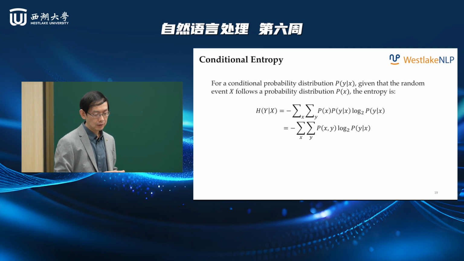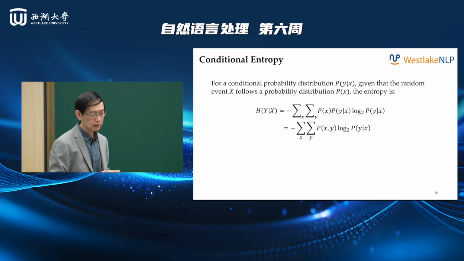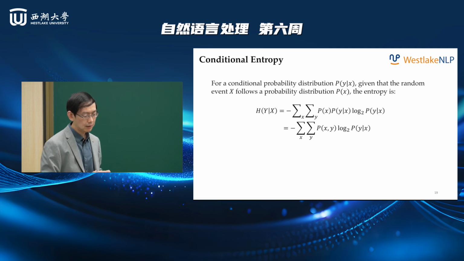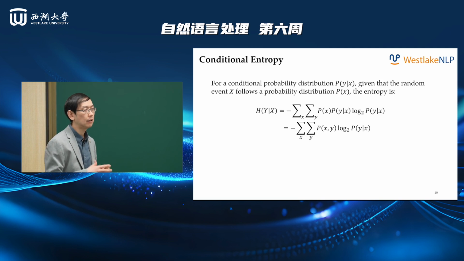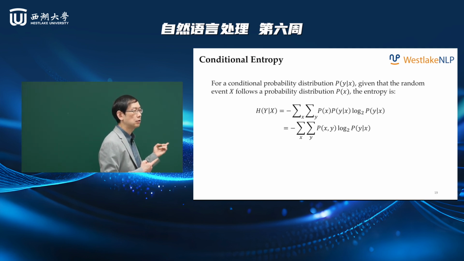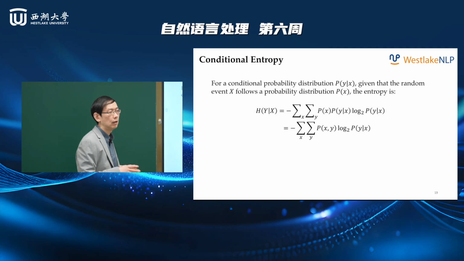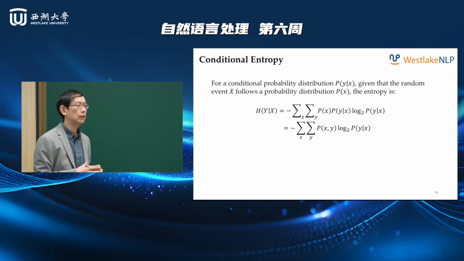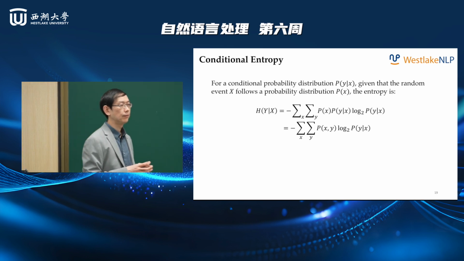So here it is. For a conditional random event, the entropy of y given x is equal to the sum over all possible x and y of p(x,y), the joint probability, multiplied by negative log 2 p(y|x).